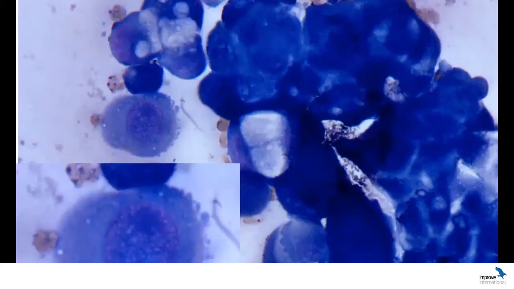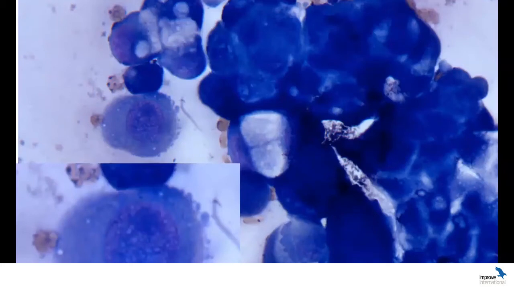And then there's that deeply basophilic cytoplasm that is associated with high cellular activity. It is a less marked criterion for malignancy, because it's a cytoplasmic criterion, but it can get to a point where it's so basophilic that you can't look inside the cells and look at nuclear criteria.